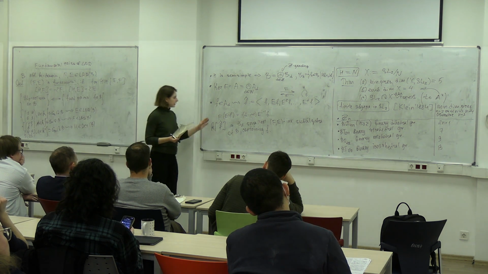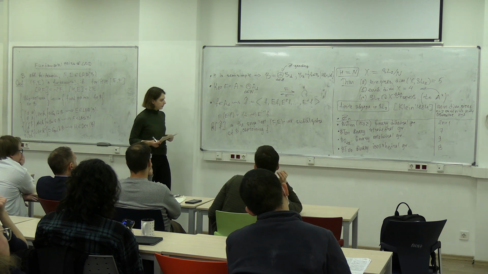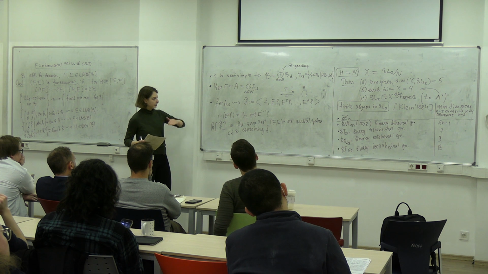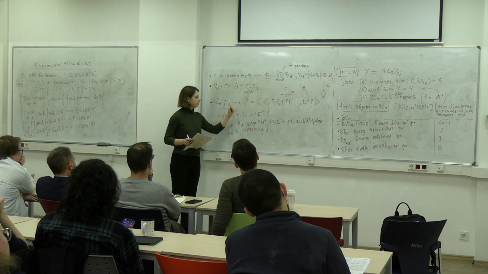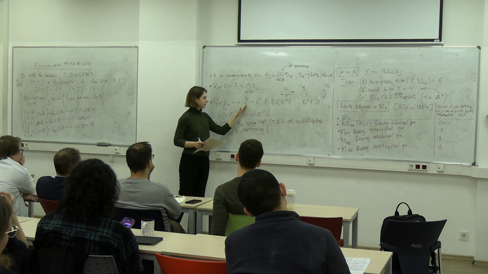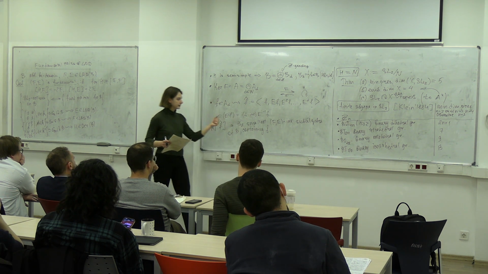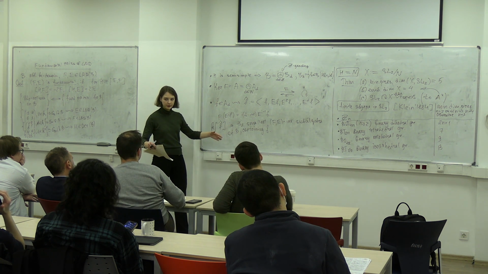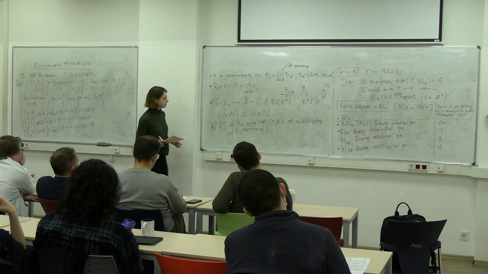Last time we discussed that if the kernel of F is generated by some elements f1, etc., we can integrate it. We can construct these f hats, and these elements generate B, right? There was a lemma, I will recall it.